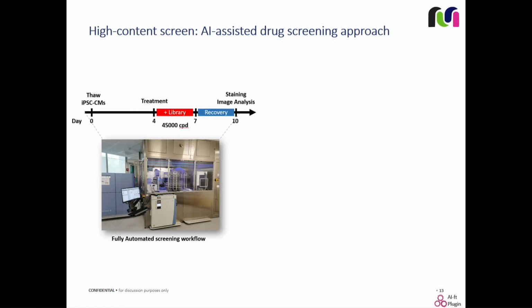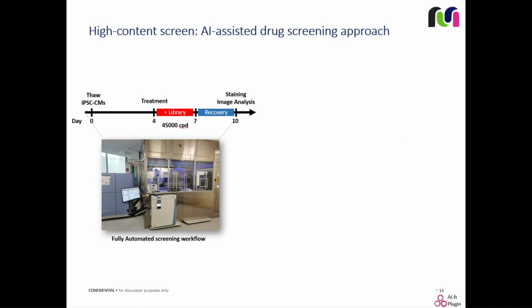Now, we have a model, but now we're going to the screen. We have spent a lot of time to optimize that, and we're using a fully automated workflow. So we have a sterile room with an incubator, a compound dispenser, a liquid handler, and so on, which is also coupled together with a Yokogawa confocal.